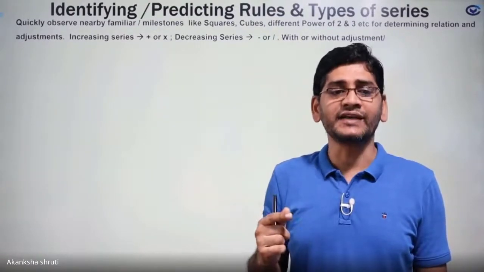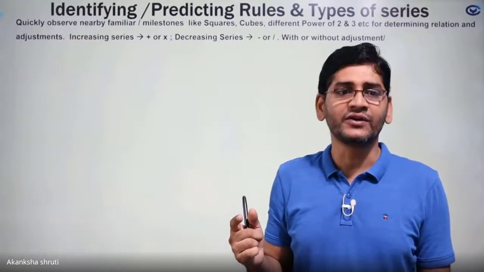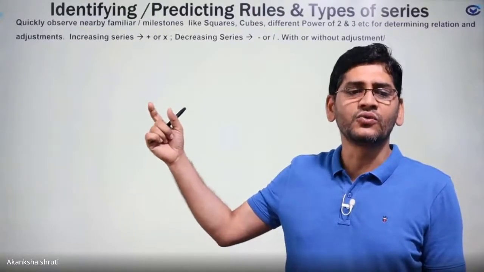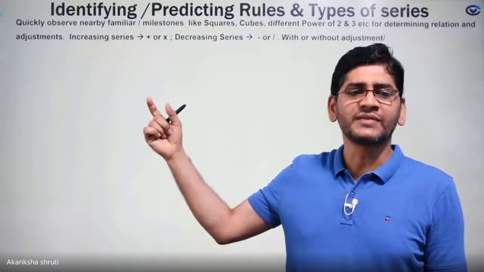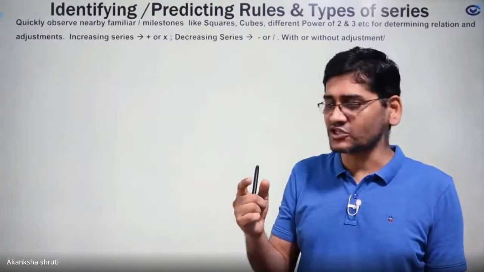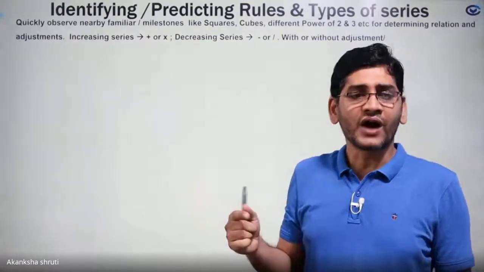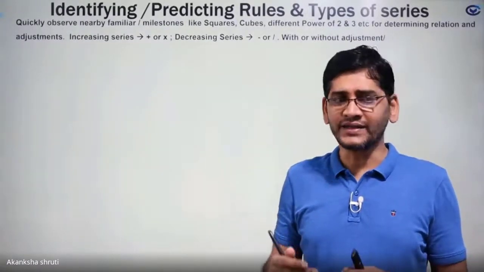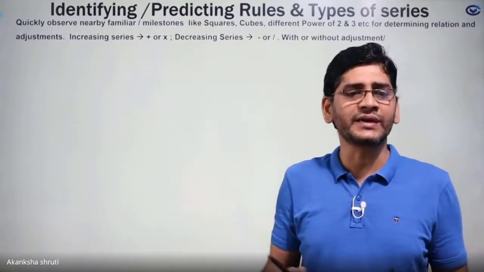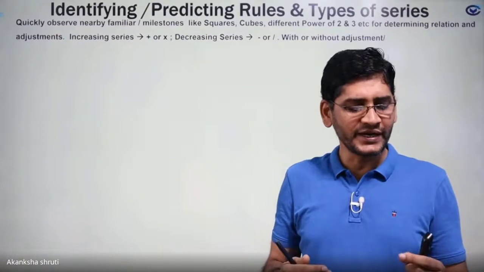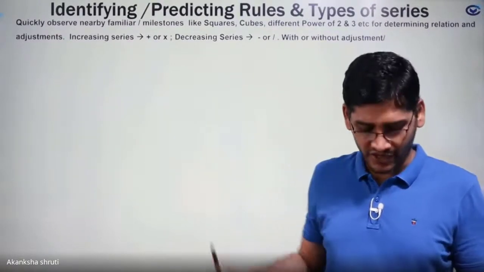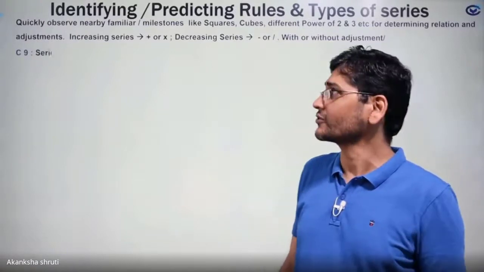Then we have to analyze whether this difference is constant, whether it is uniformly increasing, say by 2, 6, 10, meaning continuous addition, or whether the difference is increasing very fast. So how is the variation in difference? By that we can predict. This difference also gives us the idea for connecting one term directly with the other. So let us understand how those rules work.